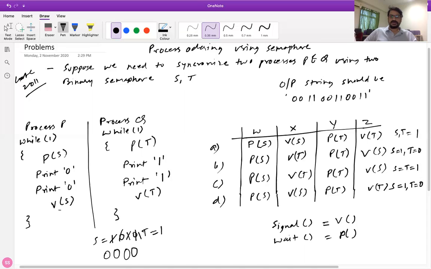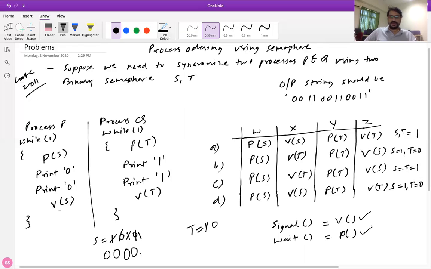Let's say now Q wants to execute, so we can do that. It is again pt, P is for wait, V is for signal. Wait means it will decrement after seeing that the value is greater than 0. It is greater than 0, it is 1 actually. So I'll put the value of t somewhere here. Right now the value is 1, so definitely it will go there, and the value of 1 will be reduced to 0.